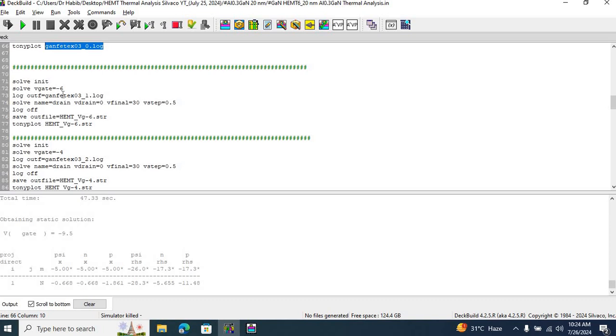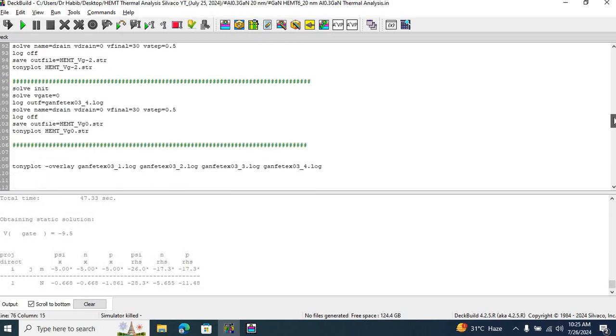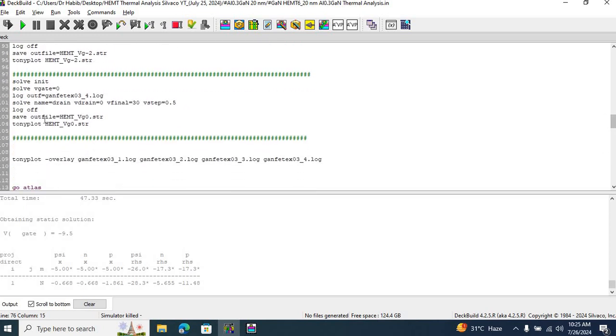I create log files for this purpose. Then I save the structures under these conditions at each of these gate voltages, and then finally over here I plot all these log files at different gate voltages using this overlay command.